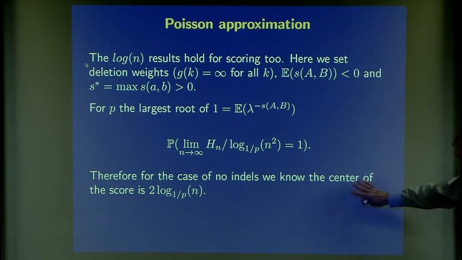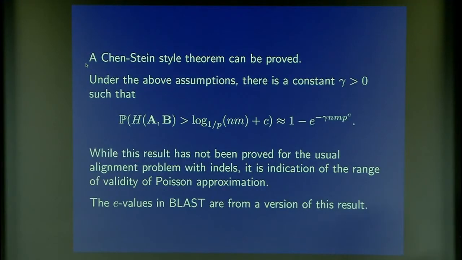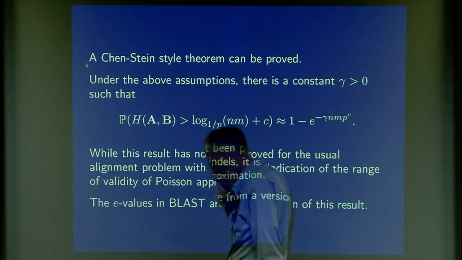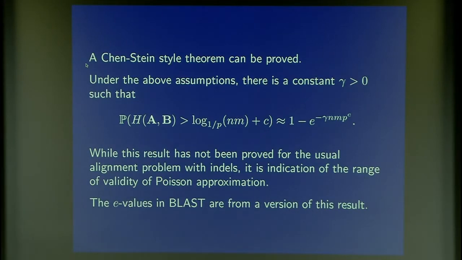So we know, with no indels, we know where the distribution is sitting. I refer to Chen Stein here, and probably will again. Well, Stein was a genius at the statistics department at Stanford.